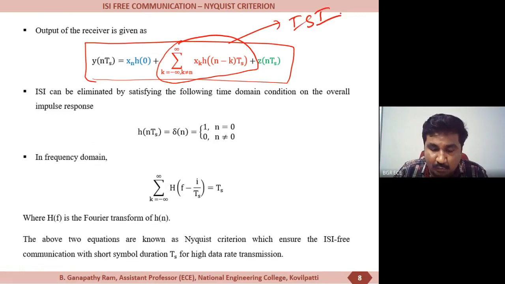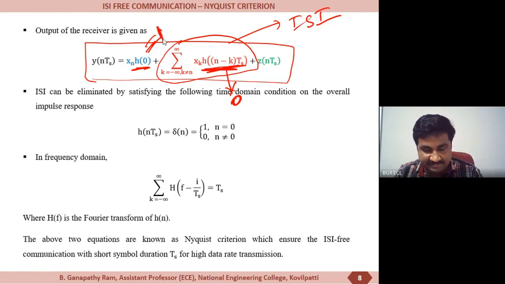To avoid it, this term, h of (n minus k)Ts, should be equal to 0, and h of 0 should be equal to 1. Then we can avoid this inter-symbol interference.